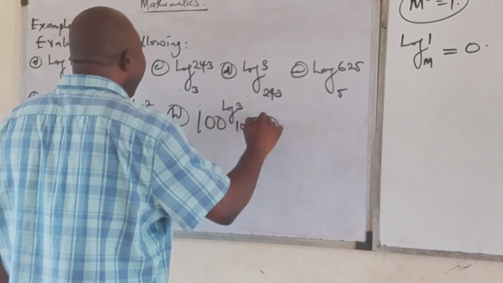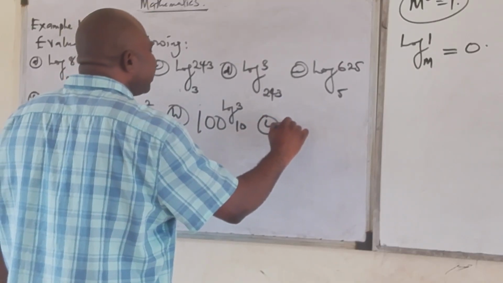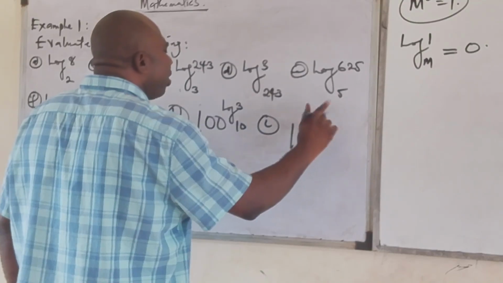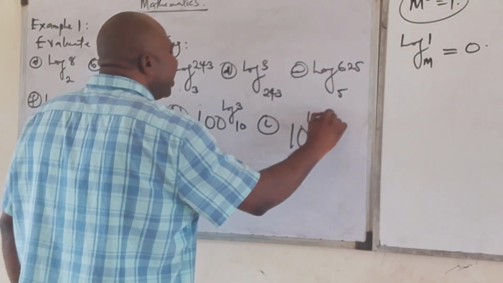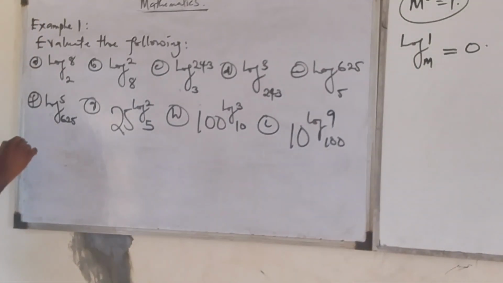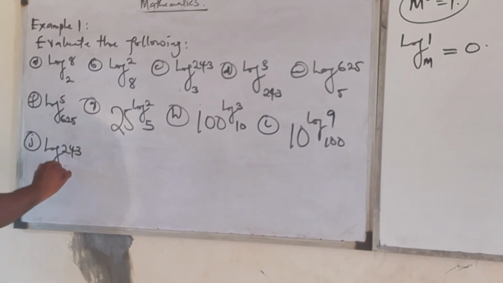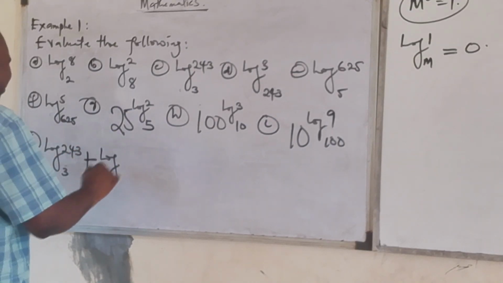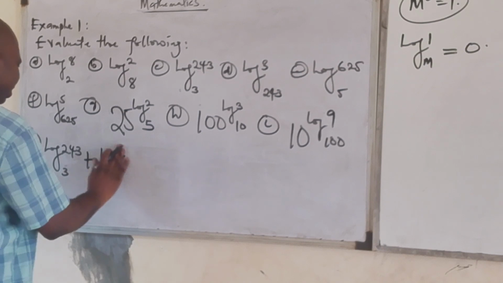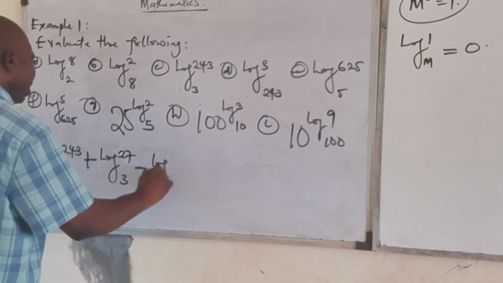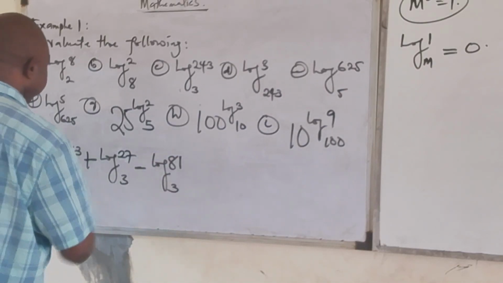I, we have 10 raised to the power of log 9 base 100. J, we have log 243 base 3 plus log 27 base 3, then minus log 81 base 3.